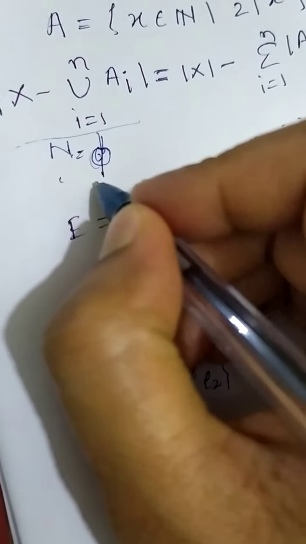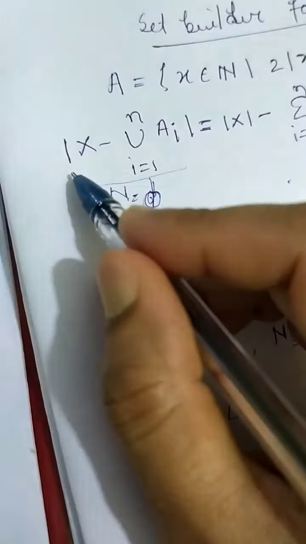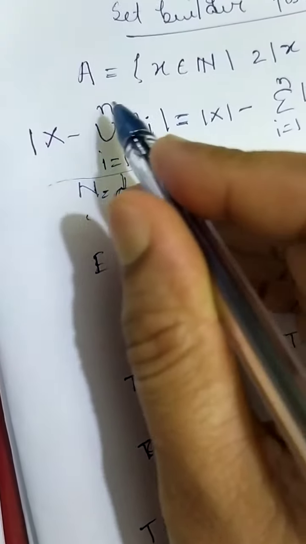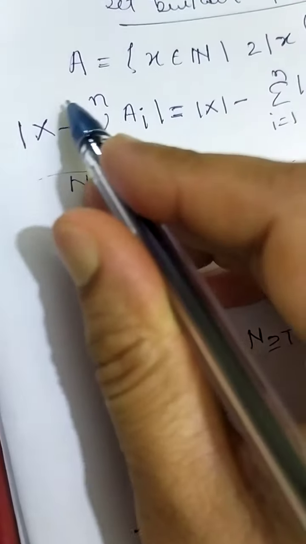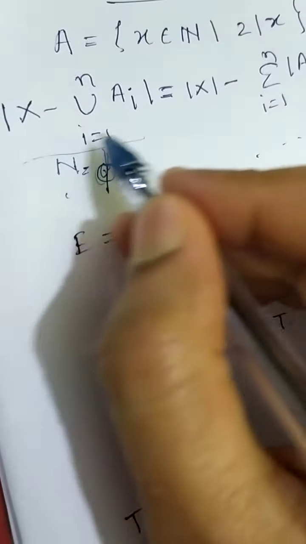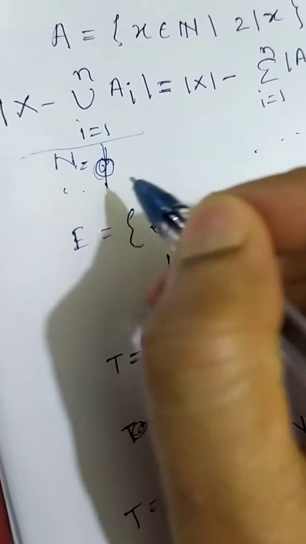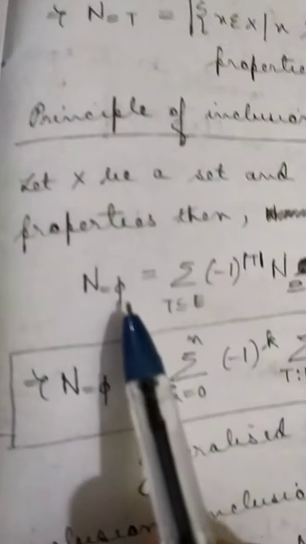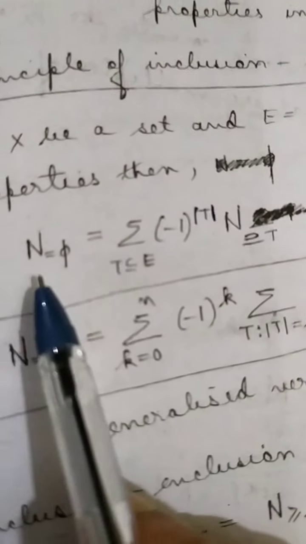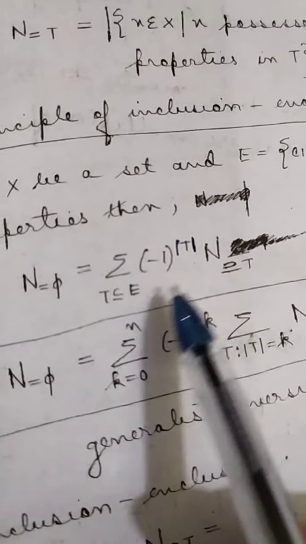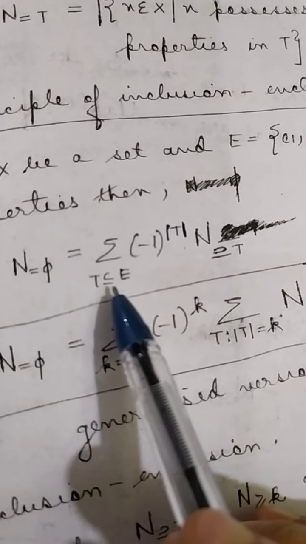So no properties in phi means we are going to count the elements of this set on the left hand side. So this can be written in this way, in compact form. Here, what is T?